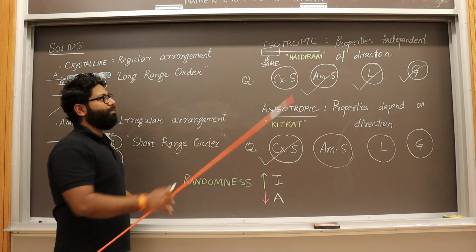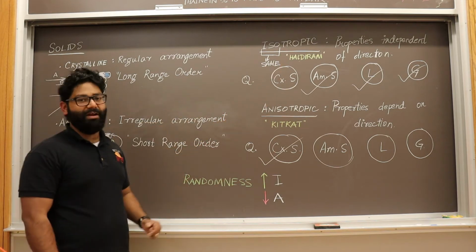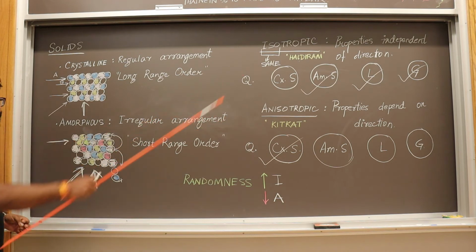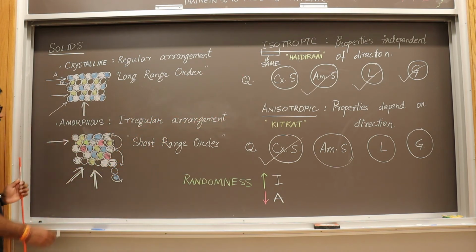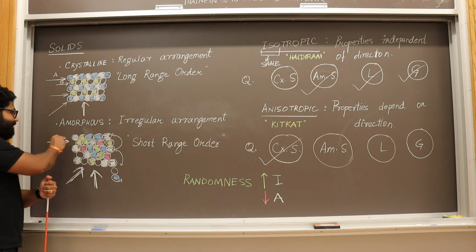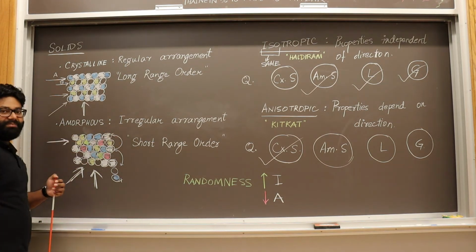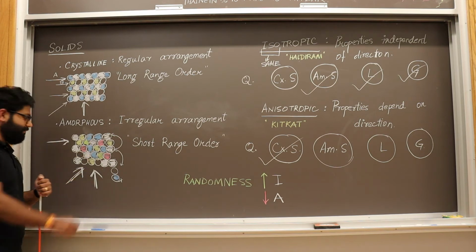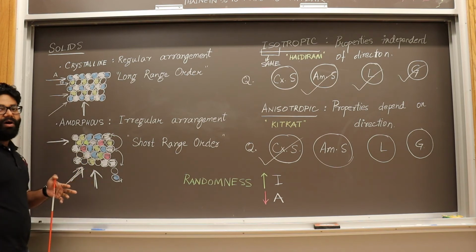Now, isotropic are those properties that do not depend on the direction. Why? Because they are the same from all the directions. For example, if light travels from this direction, it sees chaos because there is no order. If it travels in this direction, there's still no order. In this direction, still no order.